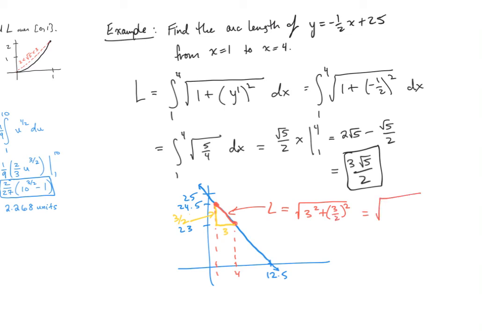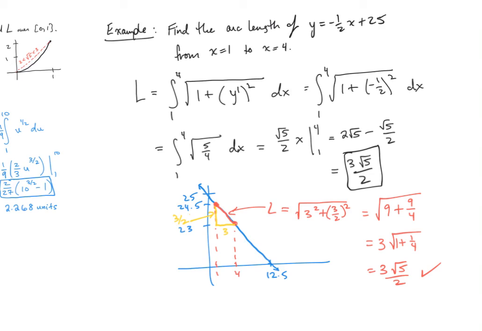So this is the square root of 9 plus 9/4. I can bring out a square root of 9, so I get 3 times the square root of 1 plus 1/4, which is 3 times the square root of 5/4, which is 3 times the square root of 5 over 2. Yeah, okay, cool. So our arc length formula works.